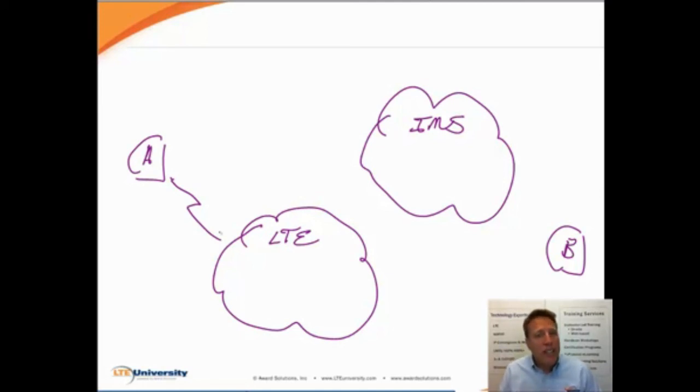The way this is going to work, if this operator has deployed IMS, we're going to set up a data connection over LTE, and then we're going to have another connection, connectivity through the LTE network into the IMS network. So once user A has LTE connectivity, then it's going to send a request to the IMS network to invite B to a particular video call. So then we can have this negotiation about what are the requirements of the call. We're going to reach out to B and say, what do you think? Are you able to do this?